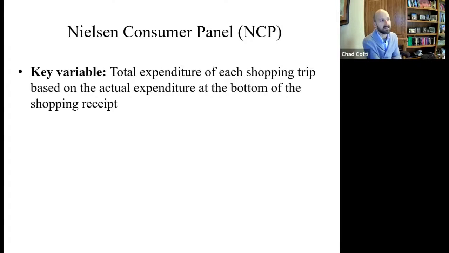The problem with that, and it's another limitation of using the data for this sort of question, is that the prices in the NCP are either self-reported prices or, more commonly, the average price of that item that week at that store, not specifically what that household paid.